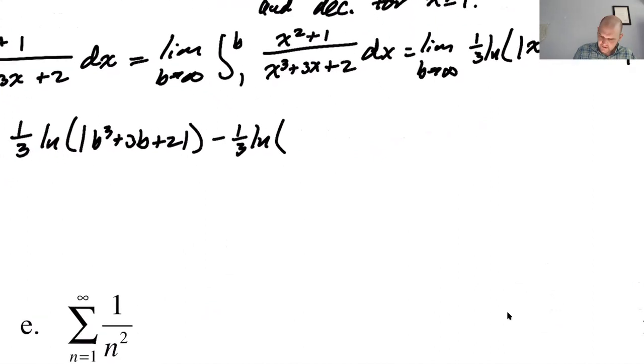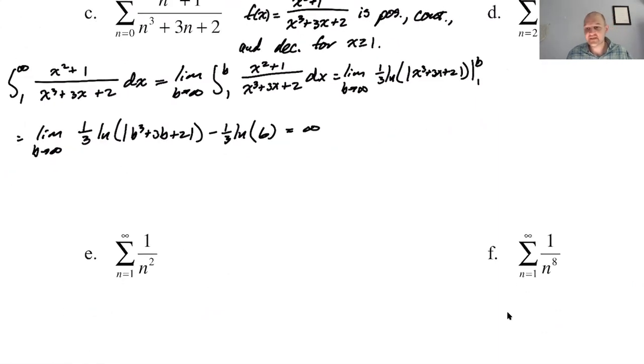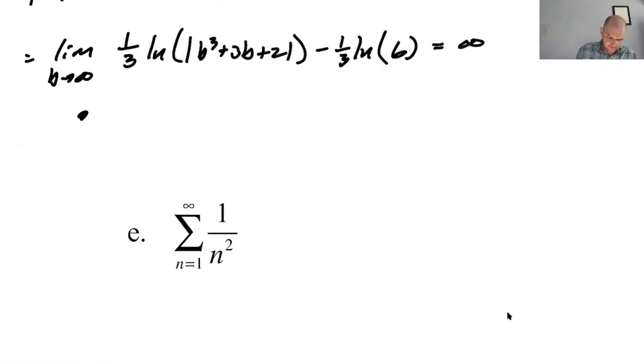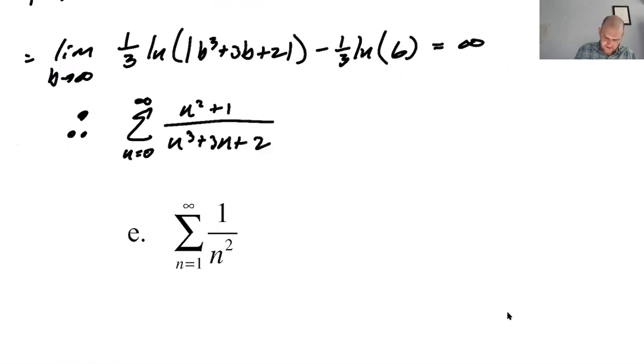Plugging in 1, we get 1 plus 3 plus 2, which is 6. This just equals infinity though, because the natural log of infinity is infinity. So this diverges. Therefore, the sum from 0 to infinity of n squared plus 1 over n cubed plus 3n plus 2 diverges by integral test.